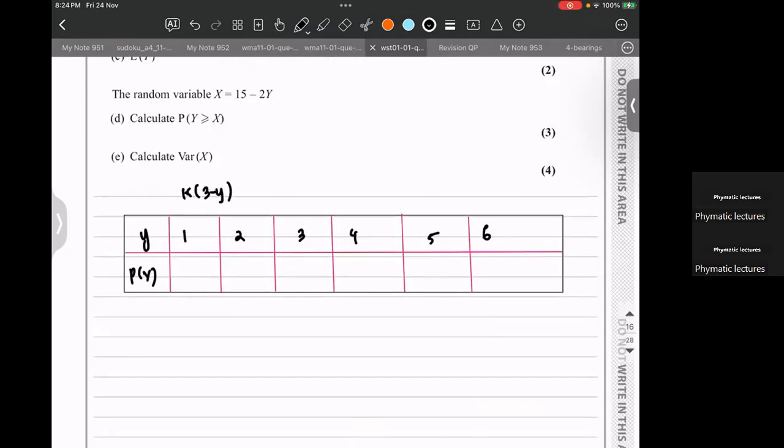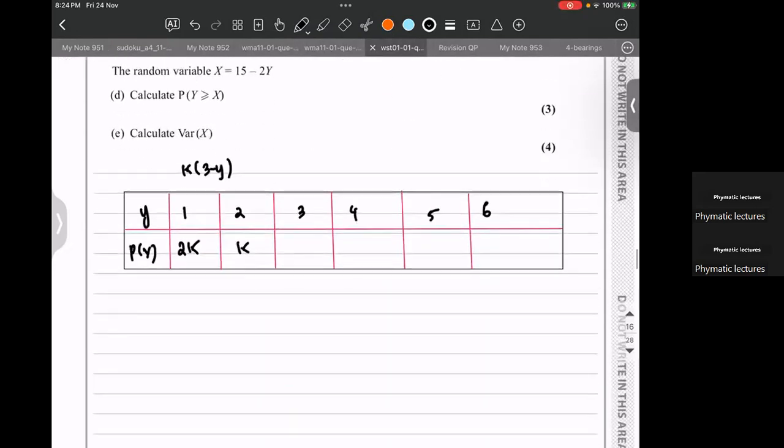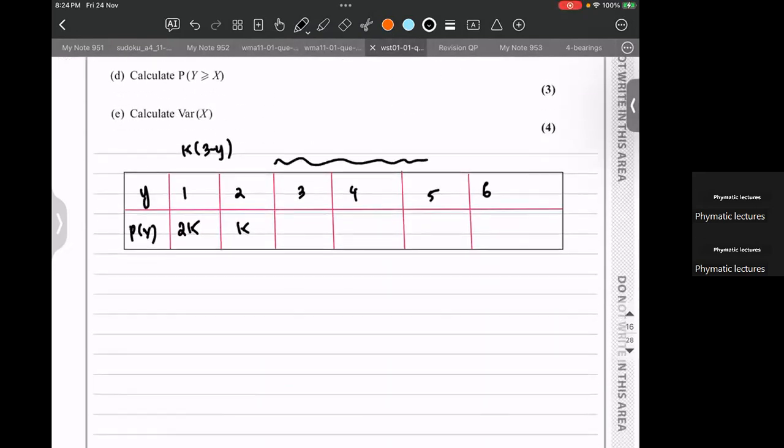So substitute it. k times (3 minus 1), so it becomes 2k. For 2, it is k times (3 minus 2), it is just k. Now for 3, 4, 5, the equation is k times (y square minus 8). So substitute it. k times 3 square, that is 9, 9 minus 8, it is again just k.